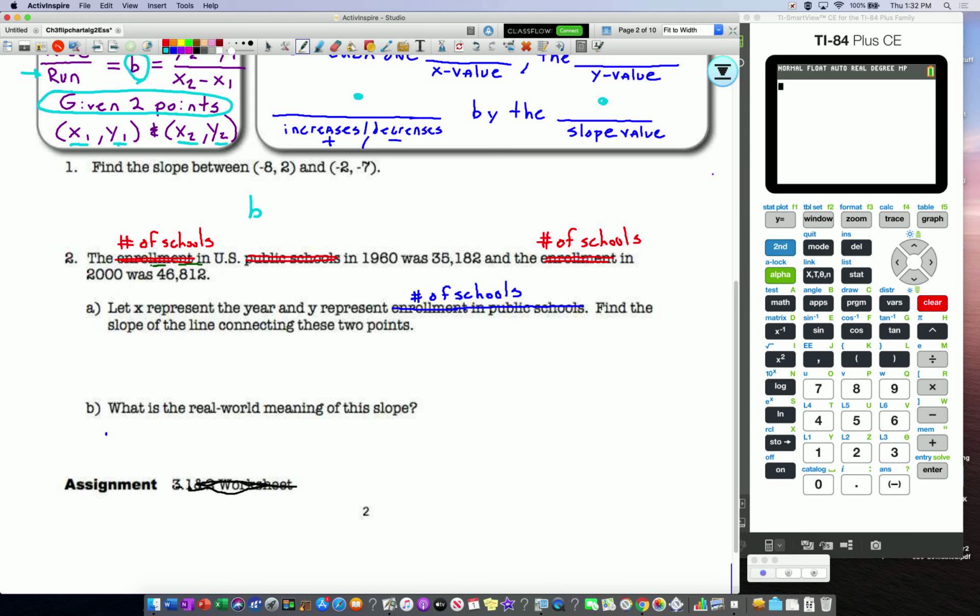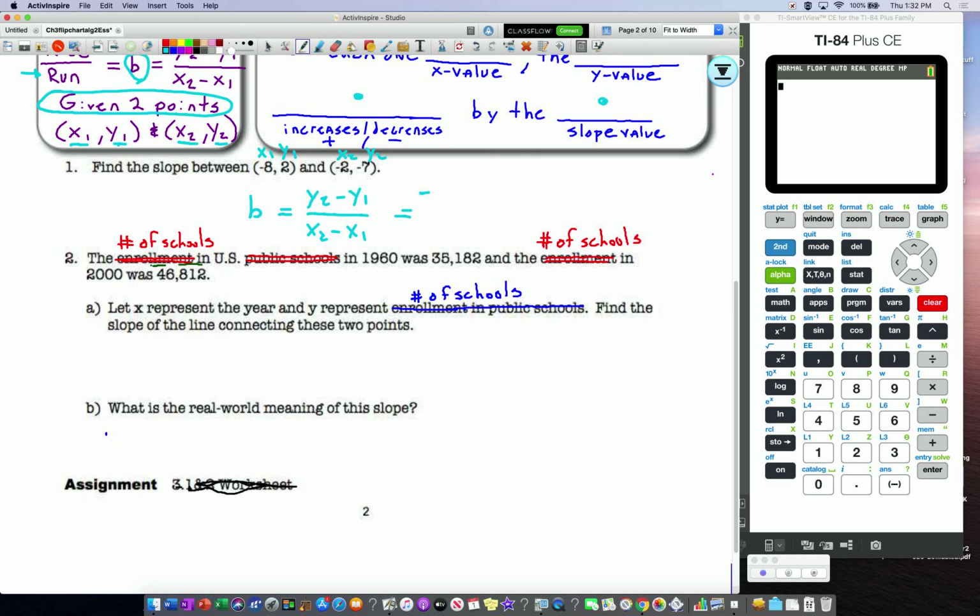Again, it's y2 minus y1 over x2 minus x1. Notice I'm given two points, so I'm going to label the first point x1, y1 and the second point x2, y2. Now I'm simply going to start plugging these numbers in and simplifying.